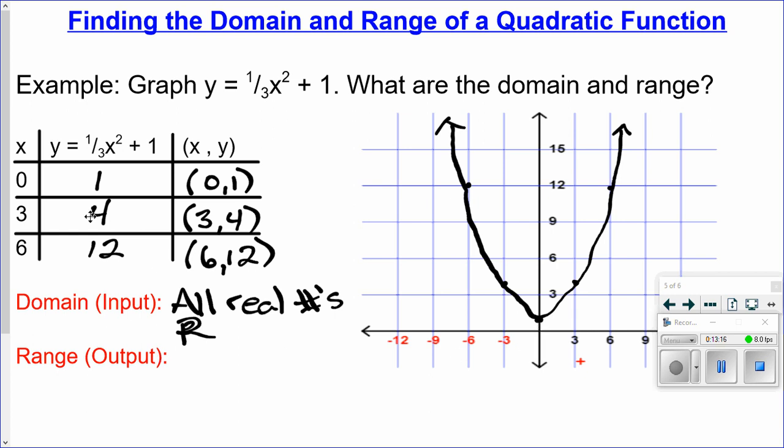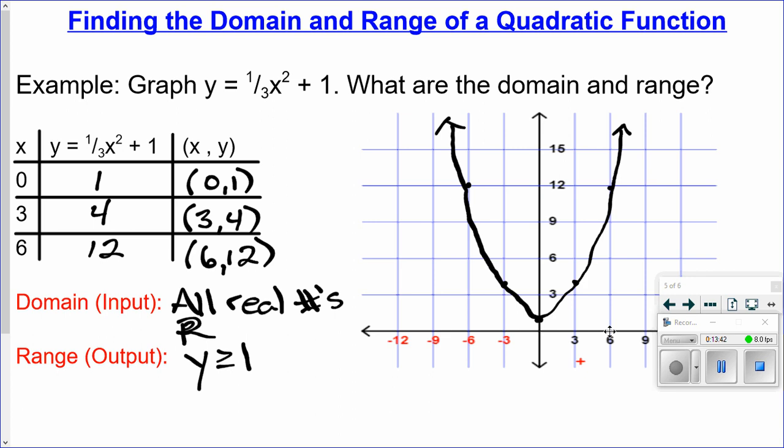So what we say for the range, the y values, all of the y values are going to be greater than or equal to 1. It doesn't matter what x value you plug into this, you will never get a y value out that will be less than 1. It's always going to be greater than or equal to 1.